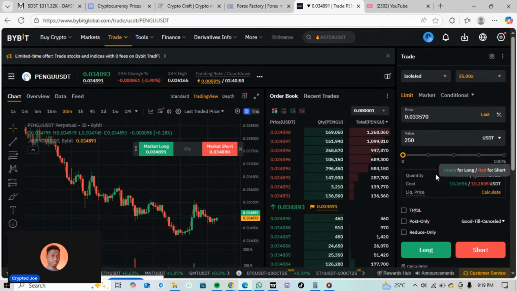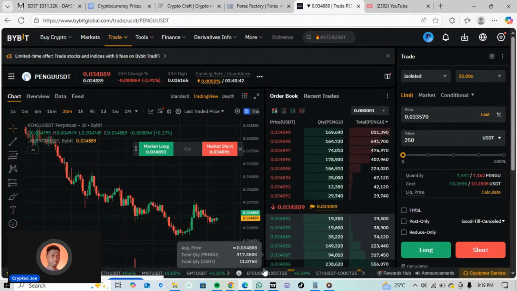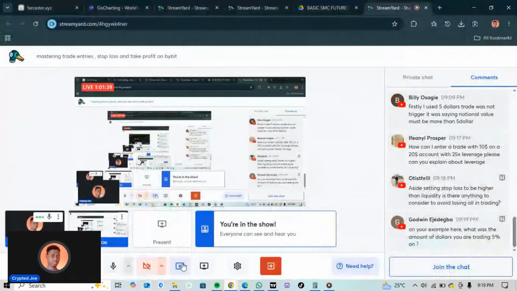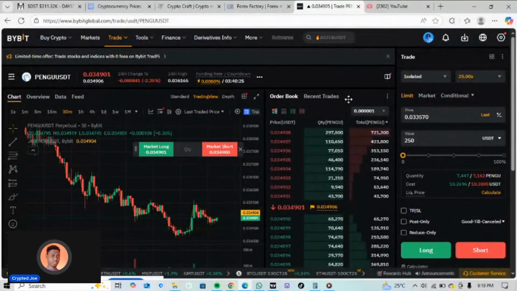You understand? So now, let's say for example, in your own case, you have $20 in your balance. You want to enter the trade with... I don't think that's even the question. You're asking if you can enter a trade. Okay, I get the question now. Not risk, you're asking about margin.